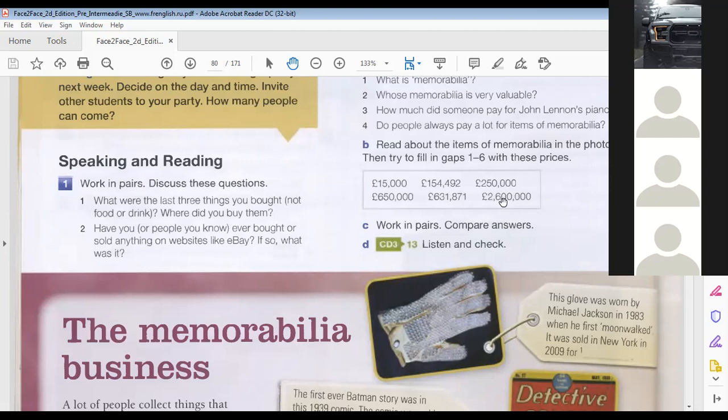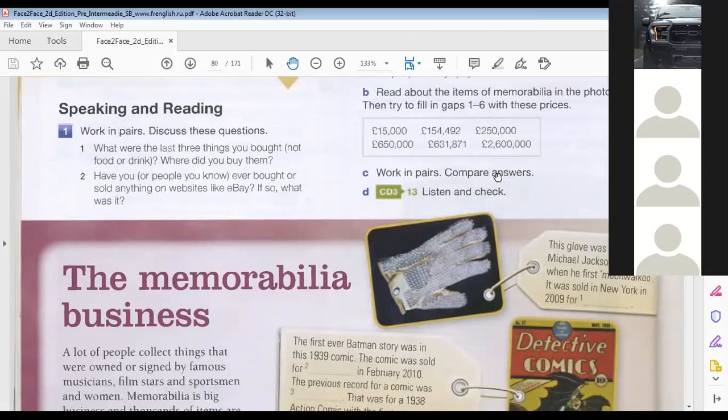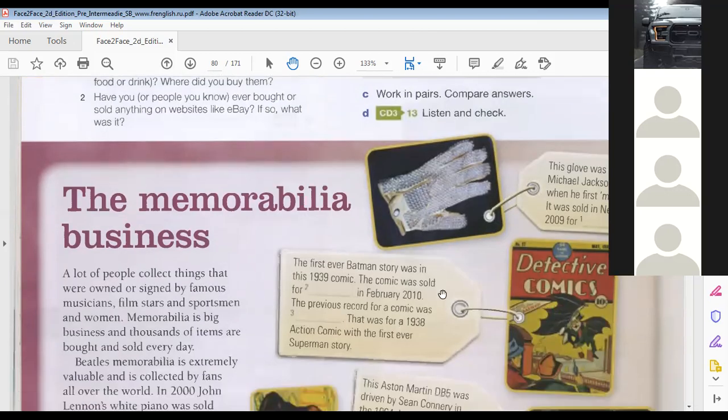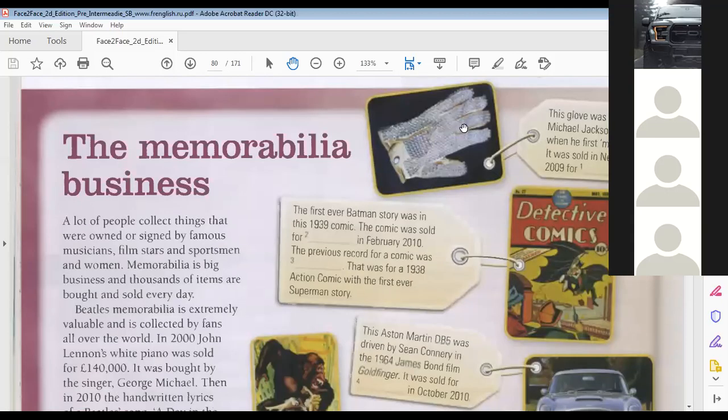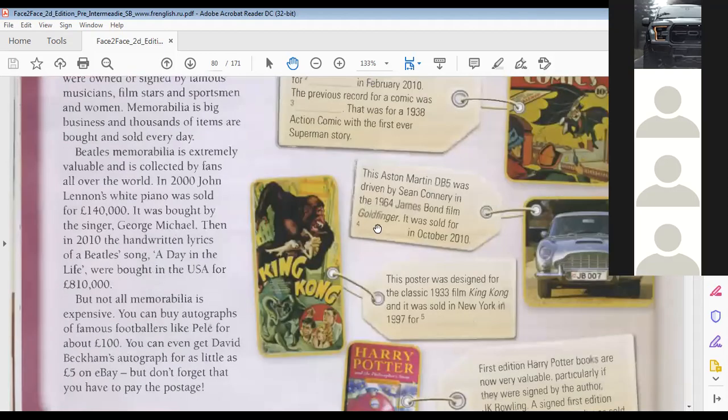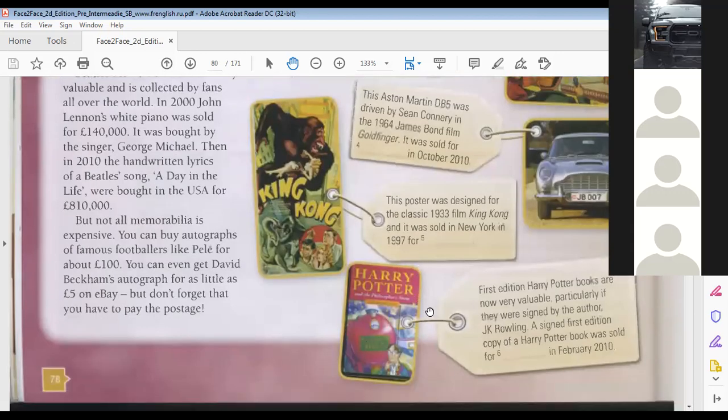Can you see all of these prices? I want you to guess, because these prices belong to these items. Can you see these items? This is the first one, the glove. Then we have the comics. Then we have this and this and this.